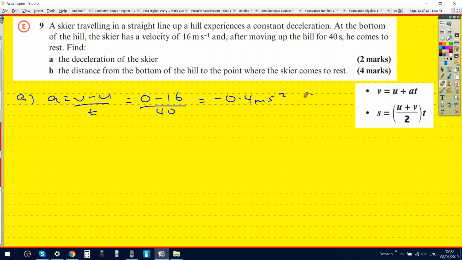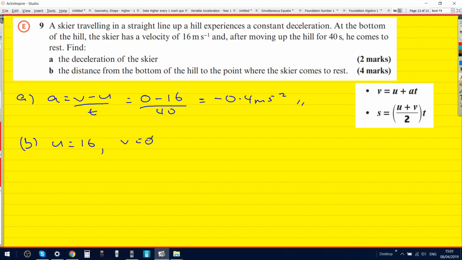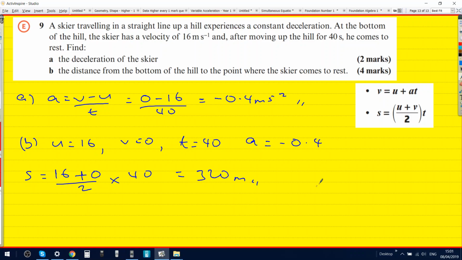Let's take a look at B, the distance. So we know that U is 16, V is 0, time is 40. We now also have that A is minus 0.4, and we just need the distance, so we just use the easiest one. The distance from the bottom of the hill to the point where the skier comes to rest. S is equal to 16 plus 0 over 2 times 40. And what was your answer? 320. That's it. 4 marks. I'll take them.